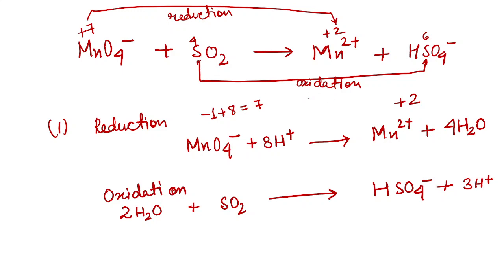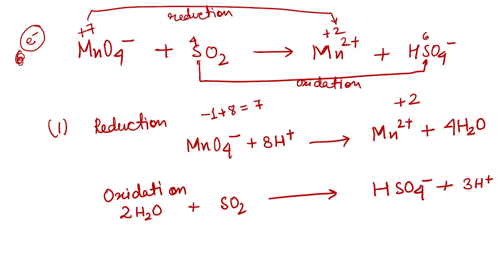Now for balancing the charge, we have the liberty to use only electrons. We can use only electrons. Here my charge was +7 and here it is +2. Now we know that electrons carry negative charge. If I am adding 5 electrons, then 7 minus 5 will be 2.